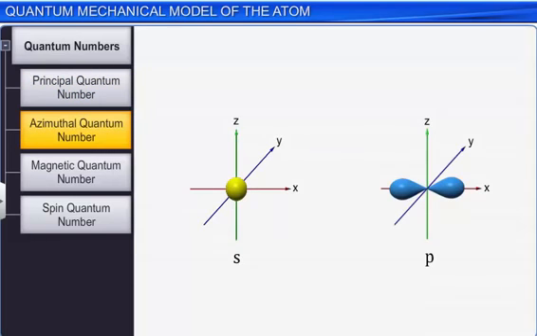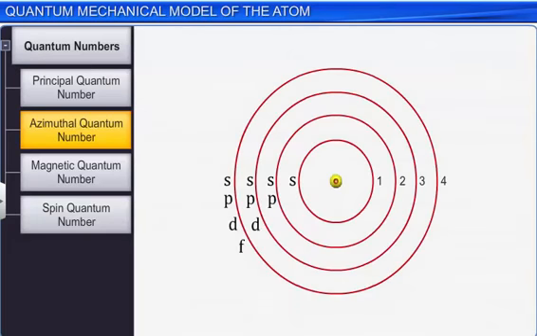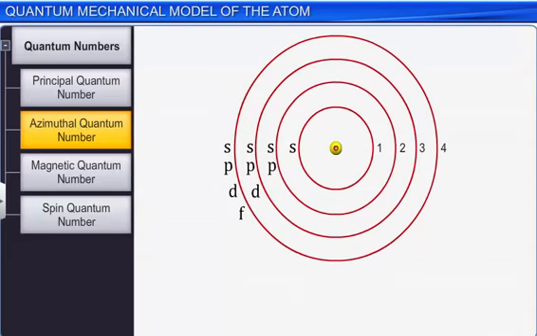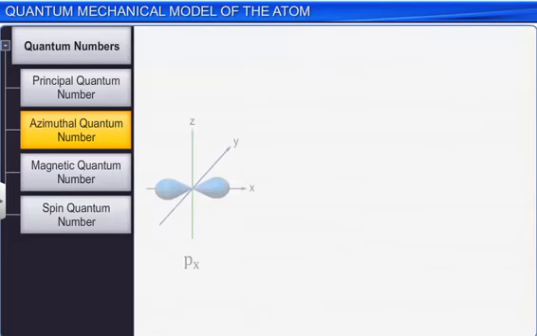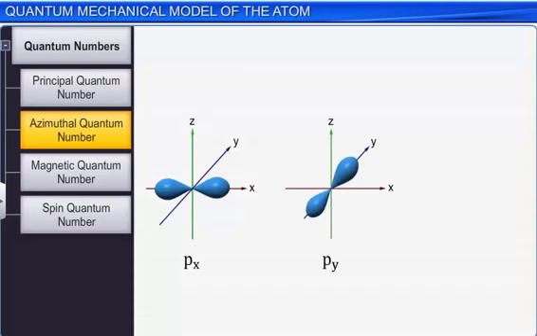It is denoted by the letter l. The number of subshells is given by the azimuthal quantum number. The azimuthal quantum number is also known as the orbital angular momentum or subsidiary quantum number. It also describes the three-dimensional shapes of orbitals that you will learn about in the next module.